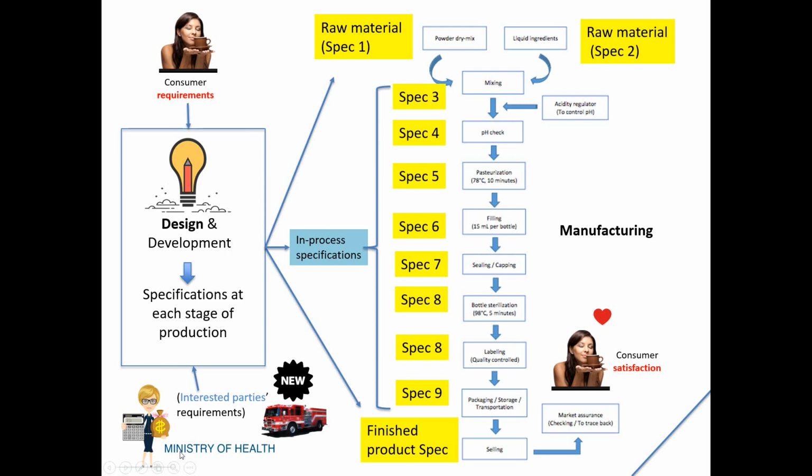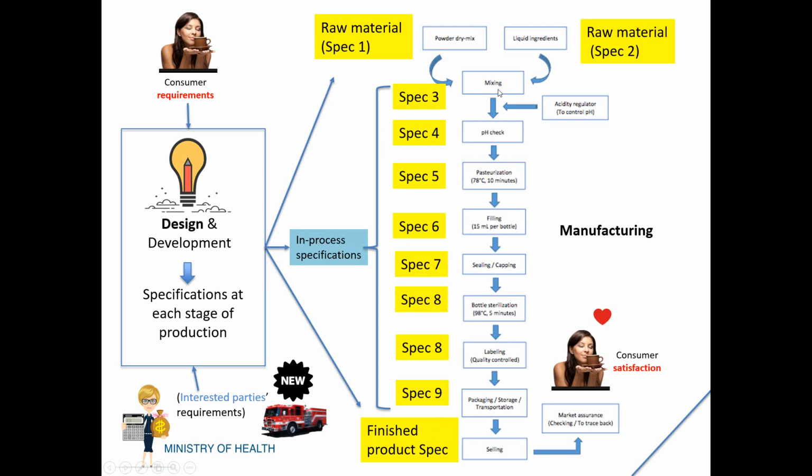So having done all that, having thought about consumer satisfaction at the end, you come up with a specification of raw materials, process spec 1, process 2, process 3, process 4, until finished product spec.